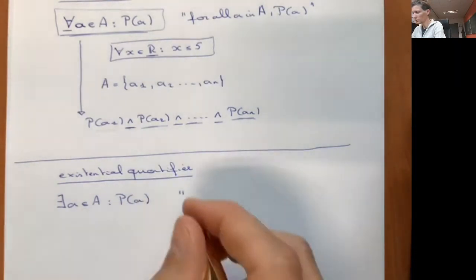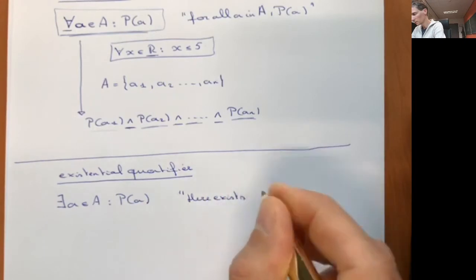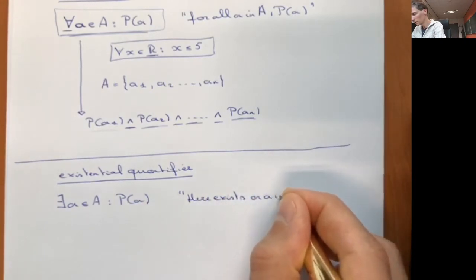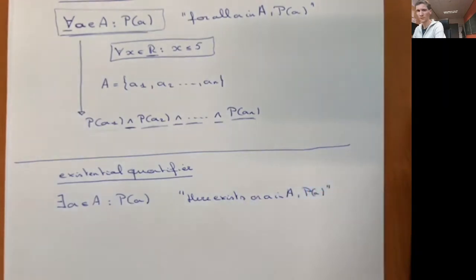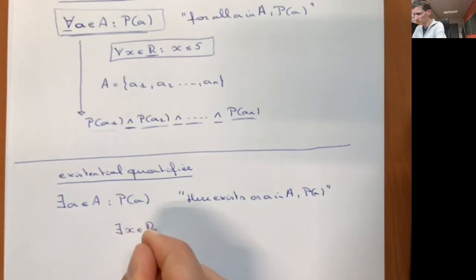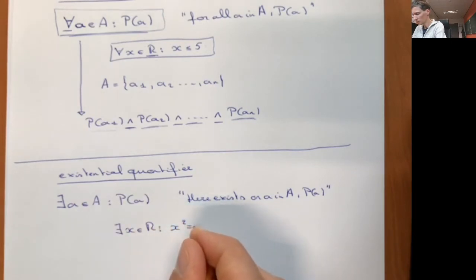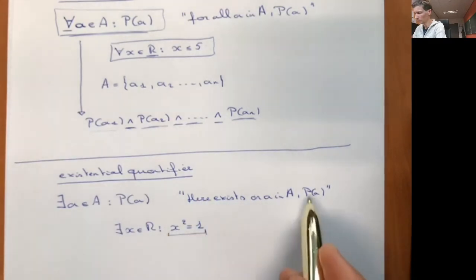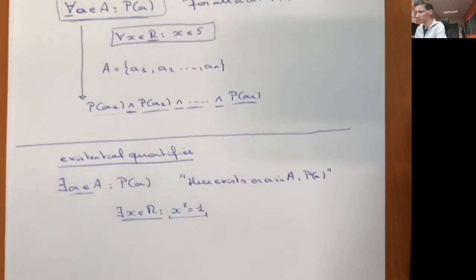And how to pronounce it? We say there exists an a in A such that P(a). Okay, for example, there exists an x in R such that x squared is equal to 1. So this is the formula P.